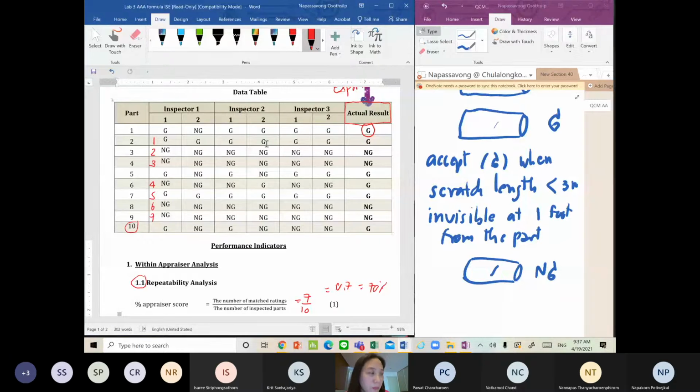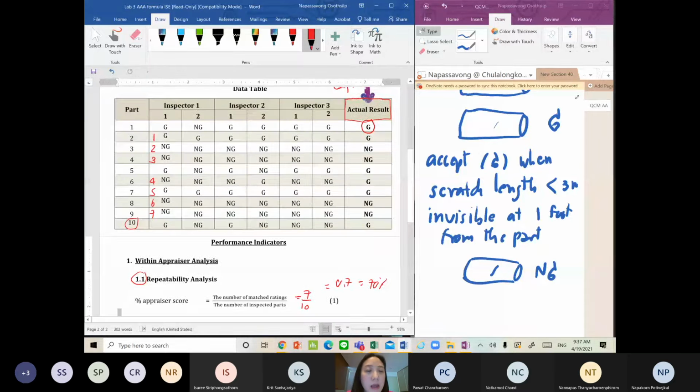Look at the formula. Repeatability means, for all the times, in this case just 2 times, that this inspector does inspection, they can repeat the same result. For example, for part number 1, inspector number 2 can repeat the same result.